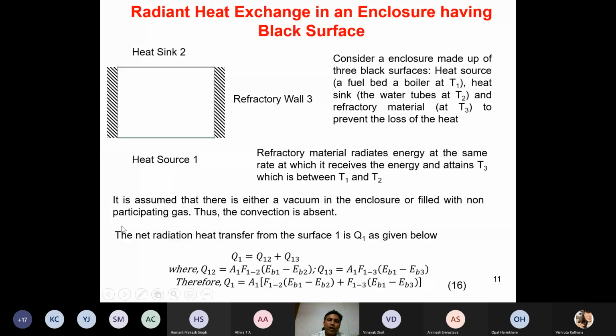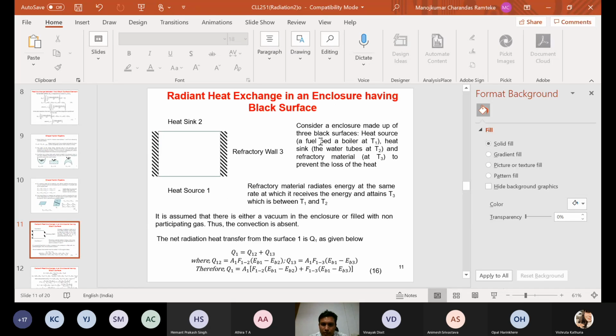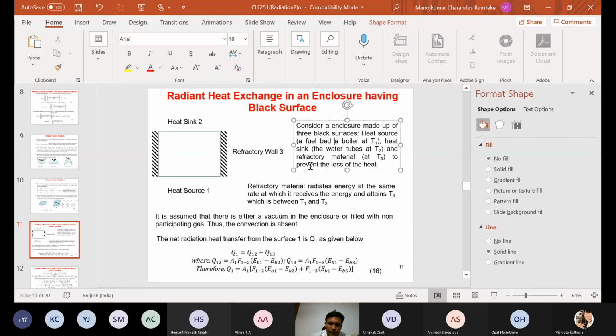Surface one is a heat source, so that could be a fuel bed of a boiler at temperature T1.